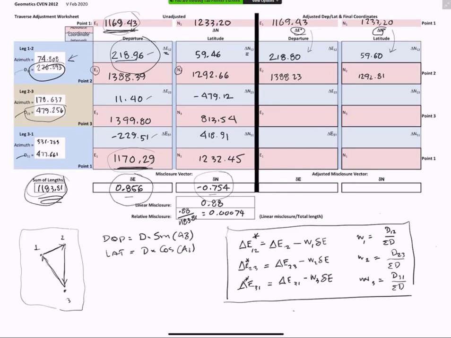And let's do one more, and I want to emphasize something here. The corrected departure and latitude for the leg from 2 to 3 is going to be 11.06 and minus 478.81.